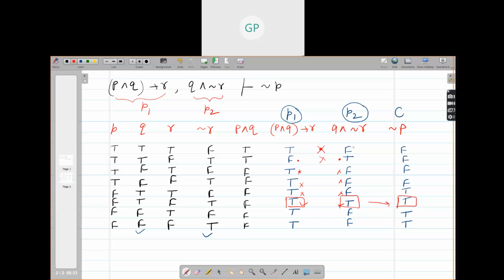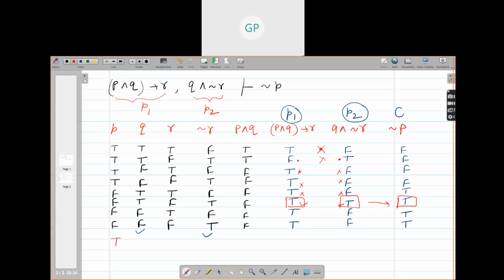Do you find this a better method than considering the conjunction of all the premises and taking its conditional statement with the conclusion? Understood. Okay, so what will you write in the end? How will you conclude your answer?